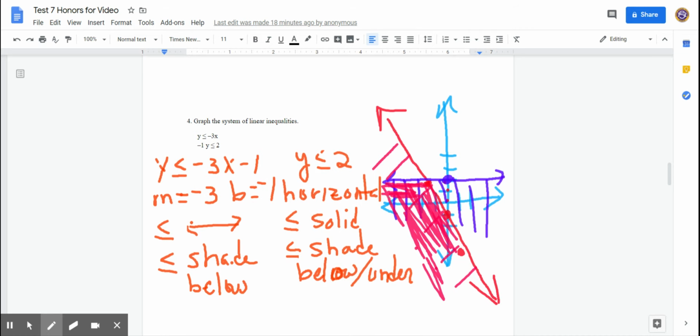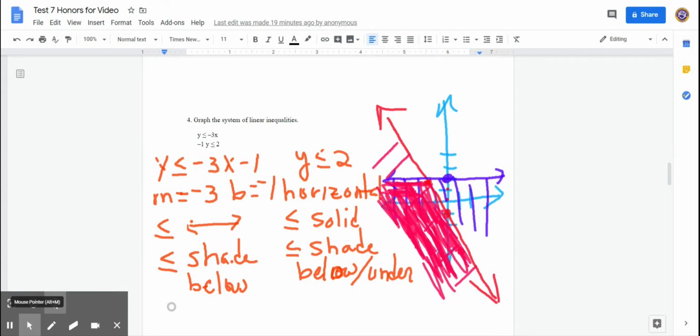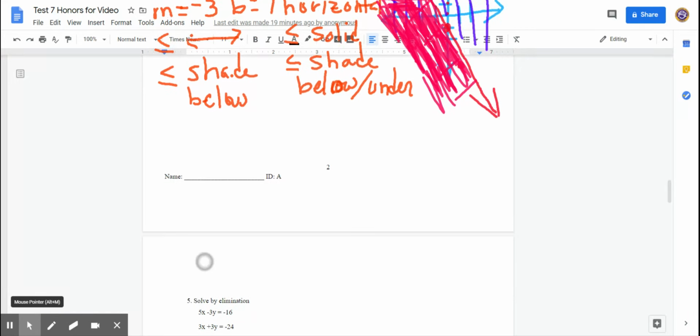Don't go above that purple line because it's just all in here. Below the purple line and to the left of the orange line. All right, hope this is helping.